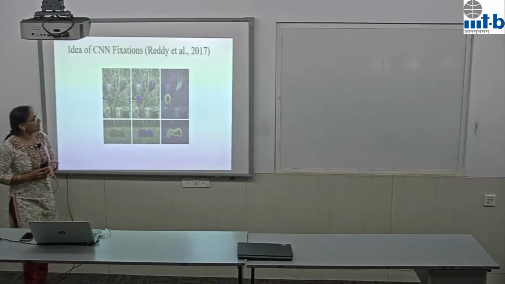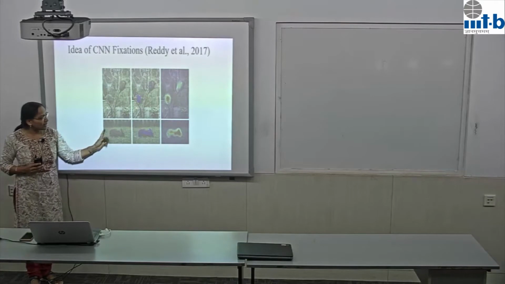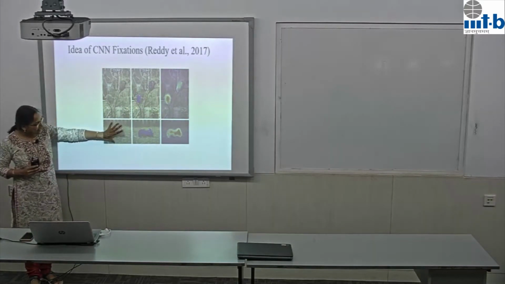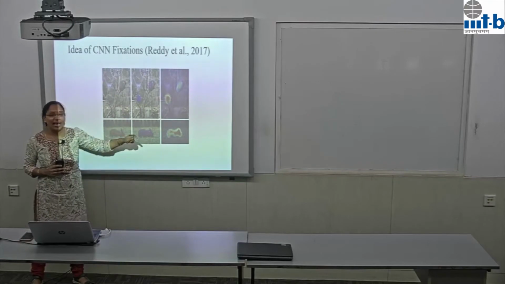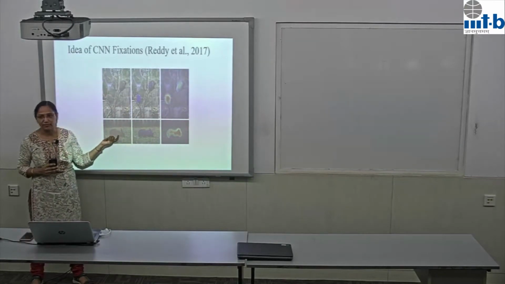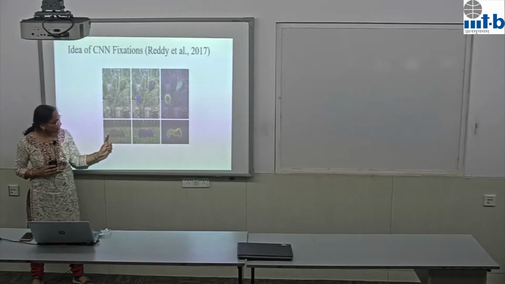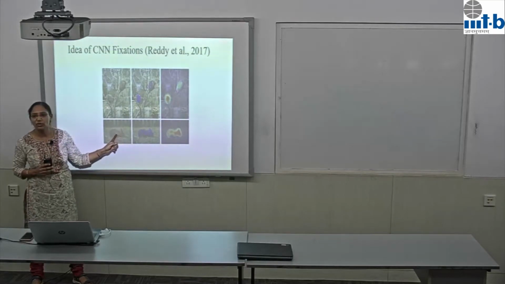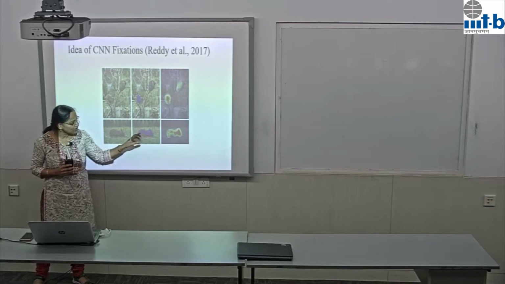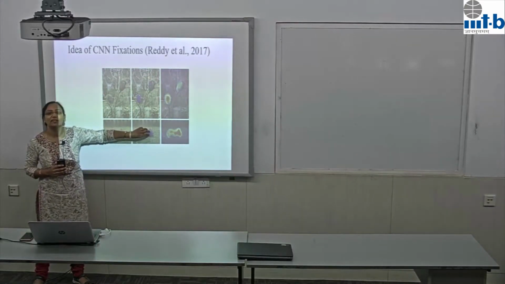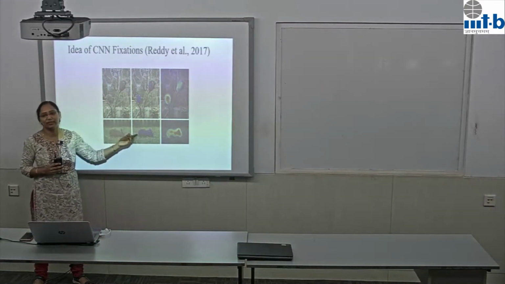Now what is fixation? If I give this image to an image classification network and it returns the label rabbit, it is saying so because these pixels belong to a rabbit. So fixation refers to pointing out those locations in the image that constitute the rabbit.